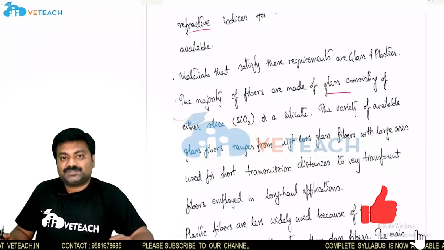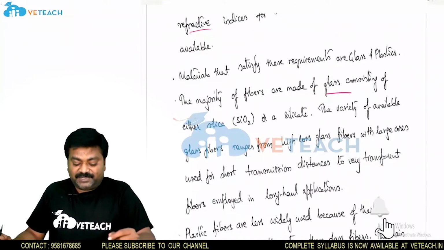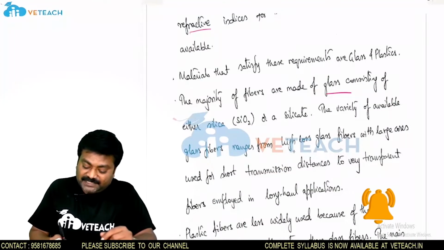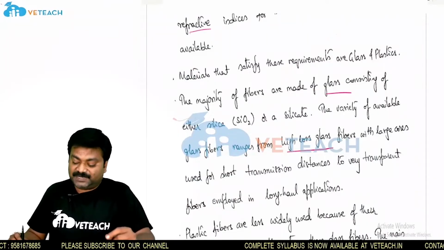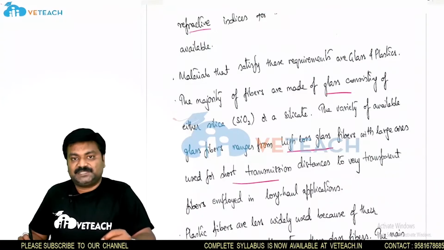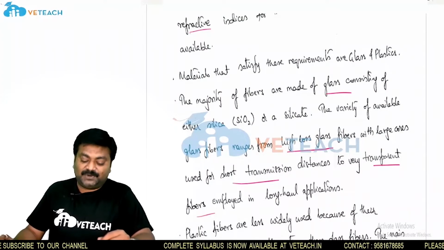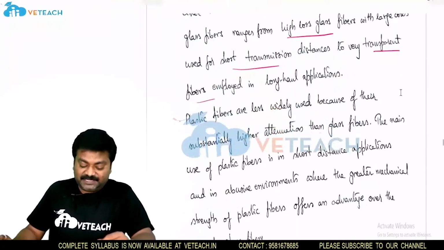Glass consists of either silica or silicate. The variety of available glass fibers ranges from high loss glass fibers with large cores used for short transmission distances to very transparent fibers which are employed in long haul applications.